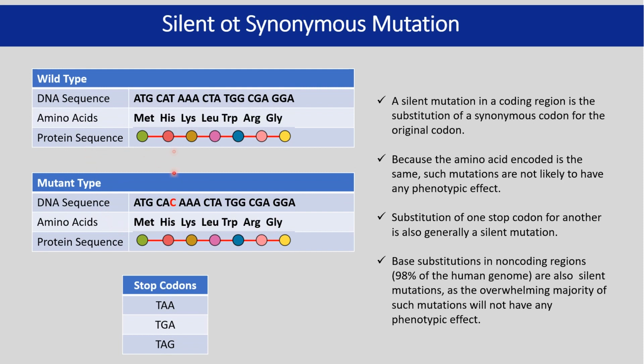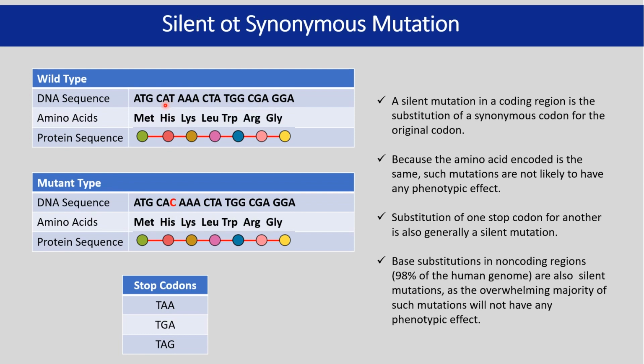So in the case of a silent mutation, there is one point mutation and the codon changes to a different codon. But in this case, the new codon can still code for the same amino acid, as we know one amino acid can have multiple codons.